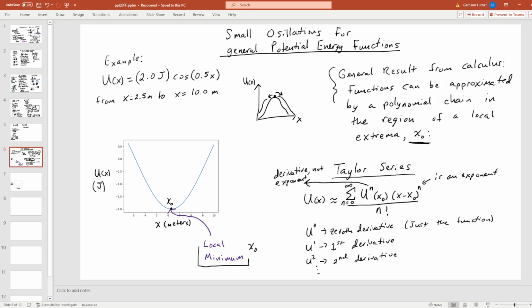So, why are we doing this in the first place? Well, remember that Hooke's law is valid for quadratic potentials.